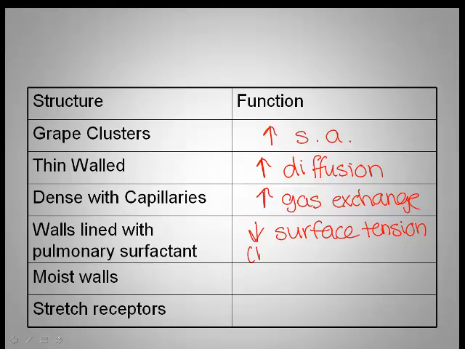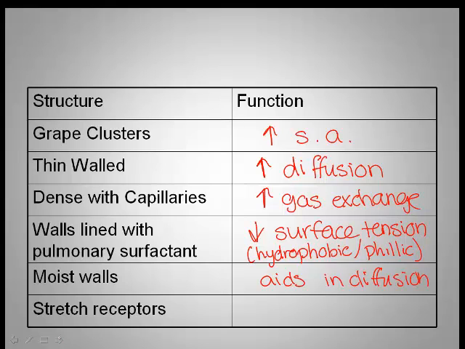So again, they have hydrophobic and hydrophilic properties. Our alveoli are also going to be moist. These moistened walls aid in diffusion of the gas.